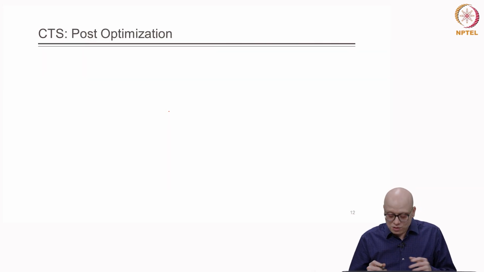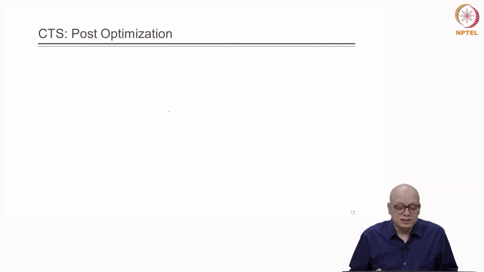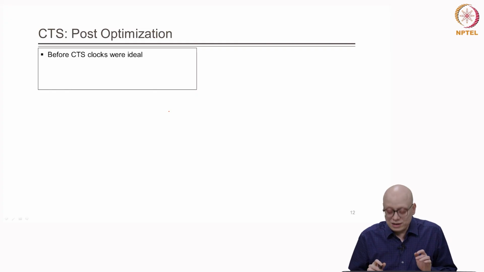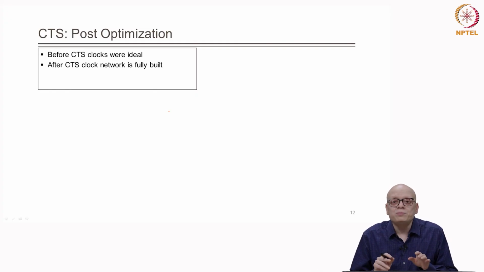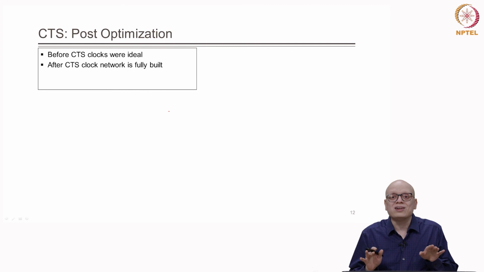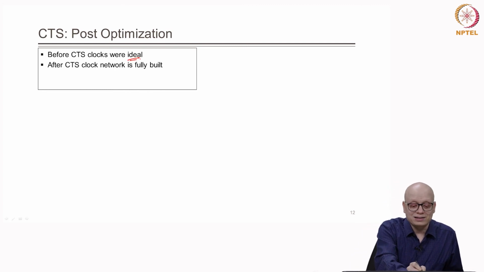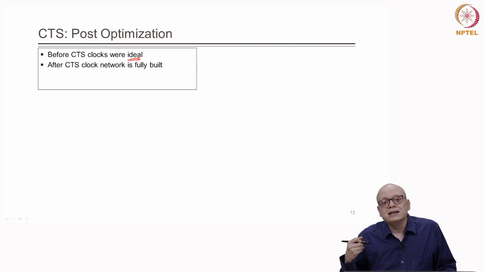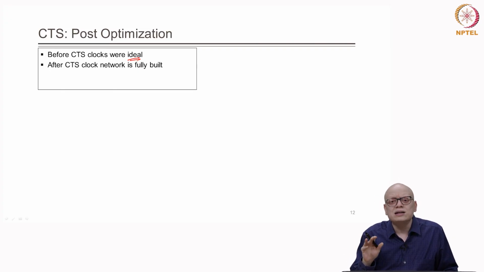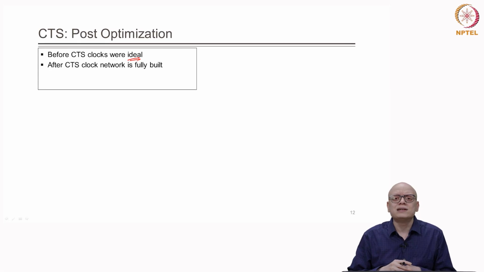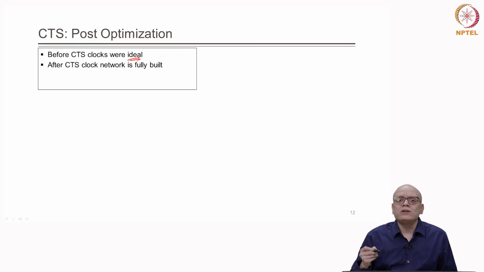Now, after we have done the clock tree synthesis, the clock network has been built, and we have a realistic clock network. Before clock tree synthesis, our clocks were ideal. That was the assumption we made in synthesis. We added constraints like latency and uncertainty to model some effect of a realistic clock, using estimates, but those were very crude measures.